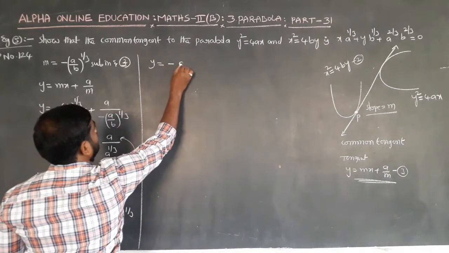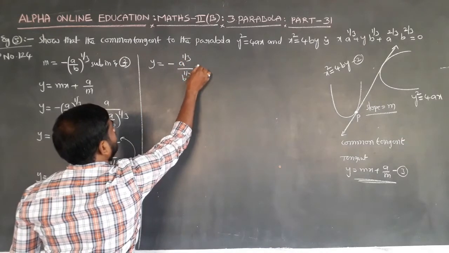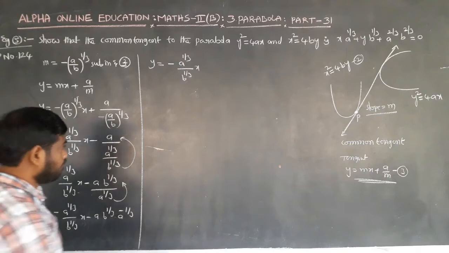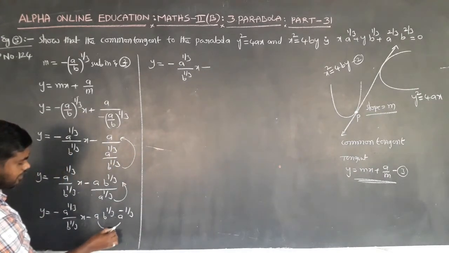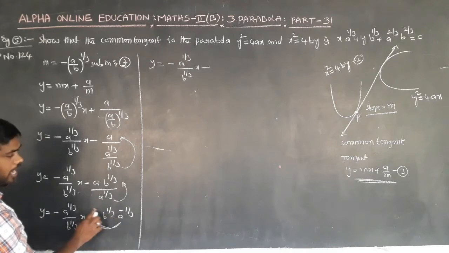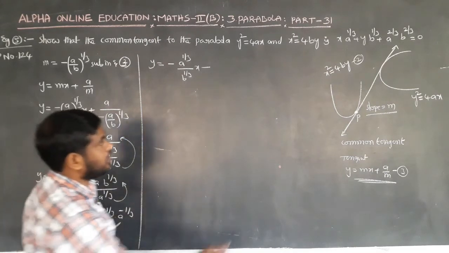y is equal to minus a to the power of 1 by 3 by b to the power of 1 by 3 x minus, here bases are equal, so powers should be added. a to the power of minus 1 by 3.